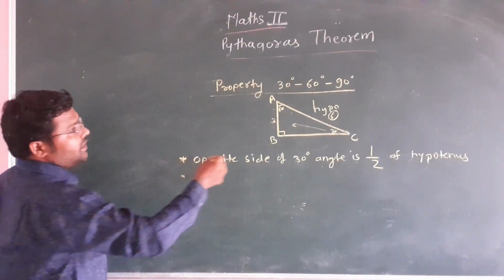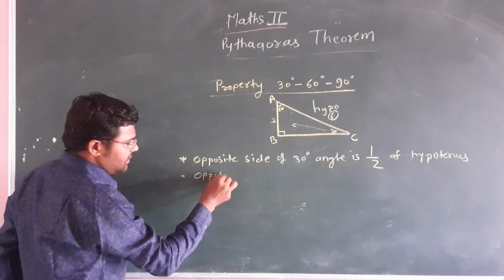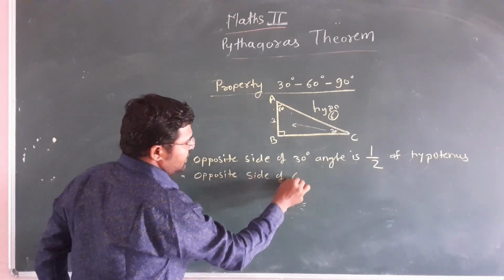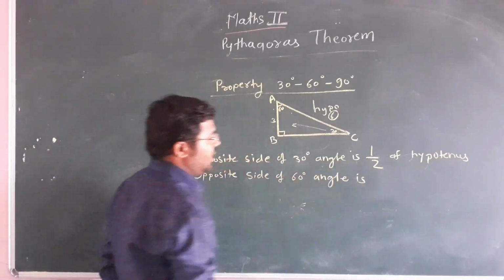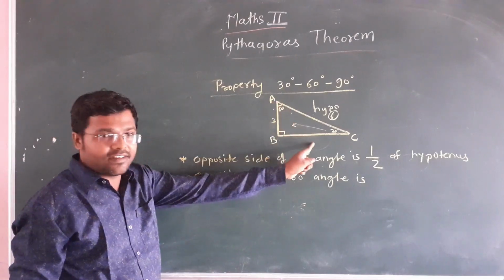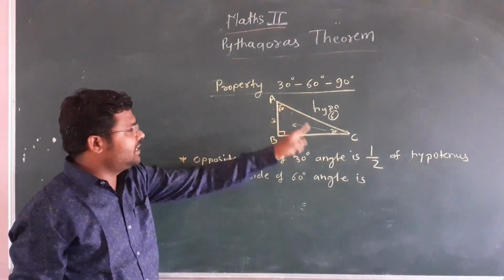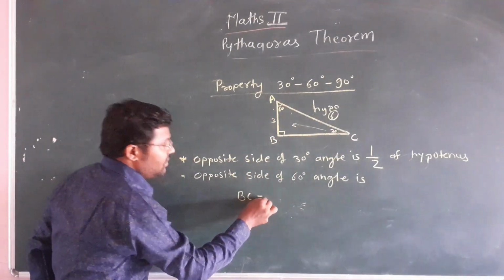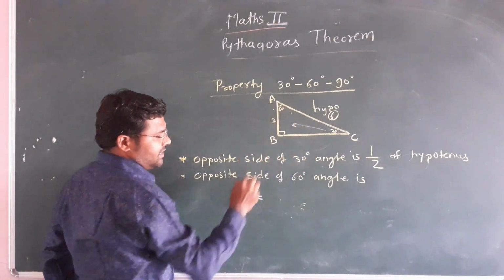Now, second property of the 60 degree angle. I write here: opposite side of 60 degree angle. Angle A is 60 degree and the opposite side of the 60 degree angle is BC. So BC is the opposite side of the 60 degree angle.